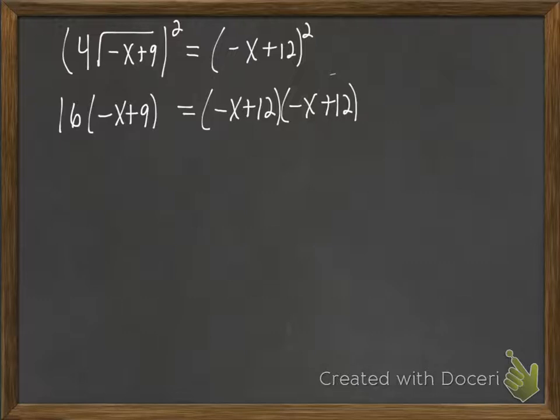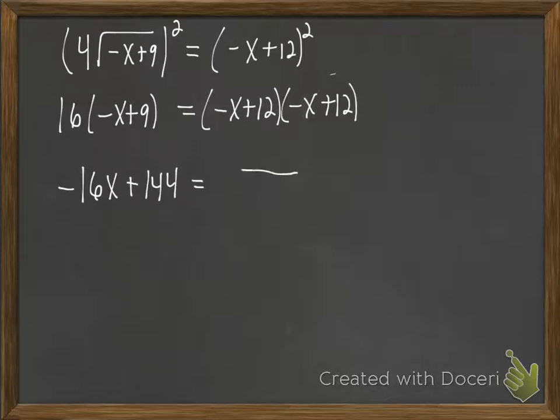The exponent will distribute, give me 4 squared, which is 16, square root squared would be negative x plus 9. And then on the other side, to square that, I have to multiply it times itself. And then simplifying here on the left-hand side, that would become negative 16x plus 144.